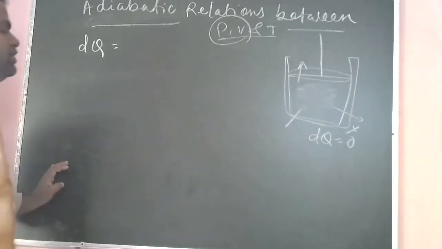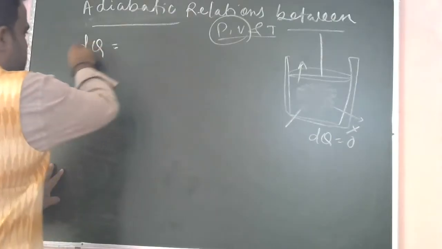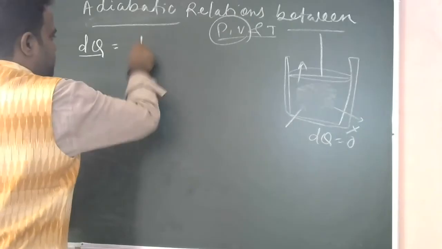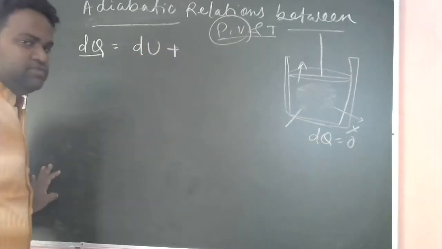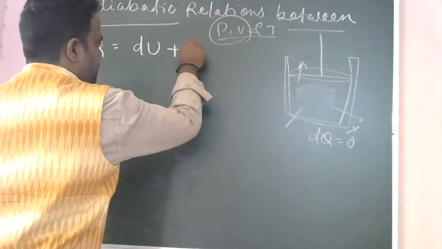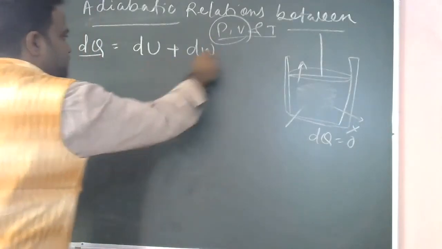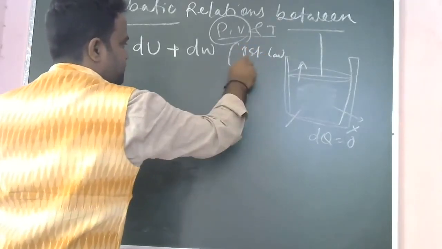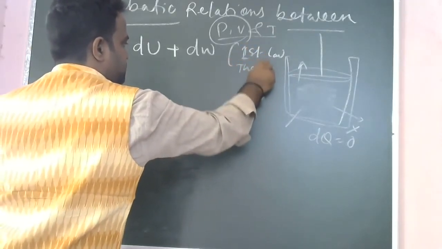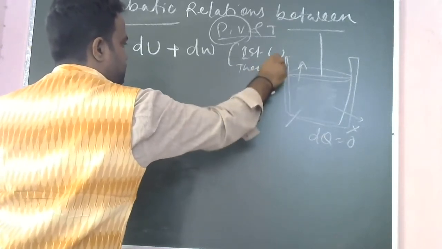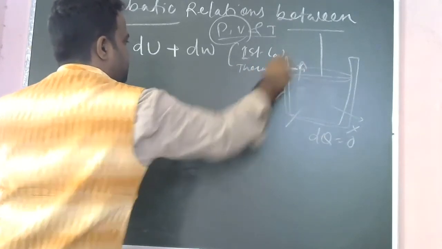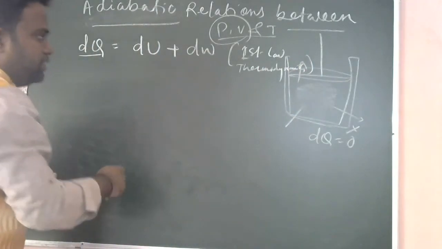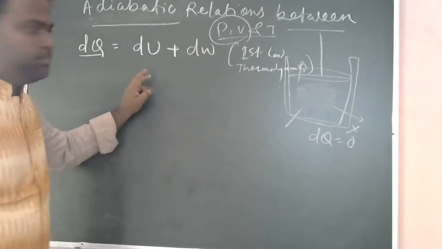So this amount of heat supplied to the system will do some work and change the internal energy. du is the change of internal energy, and dw is the work done. So this is the first law of thermodynamics: dq is equal to du plus dw.